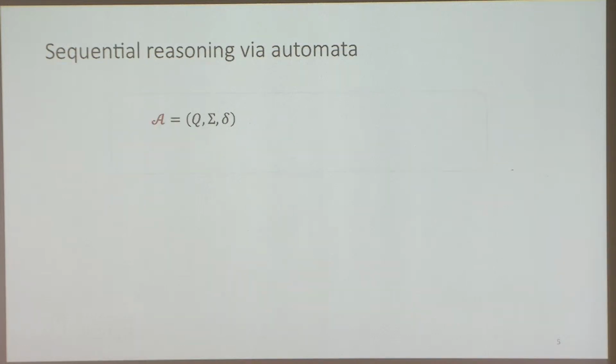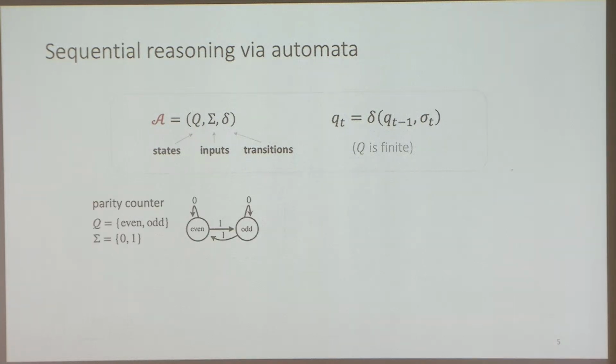Right. So formally, a finite-state automaton A is defined with three components: the state space Q, the input alphabet sigma, and the transition function delta. At each time, the transition function delta takes in the previous state Q_{t-1} and the current input sigma_t, and transitions to a new state Q_t. We consider finite-state automata, so Q is finite. One example is the thing we just saw, the parity counter.